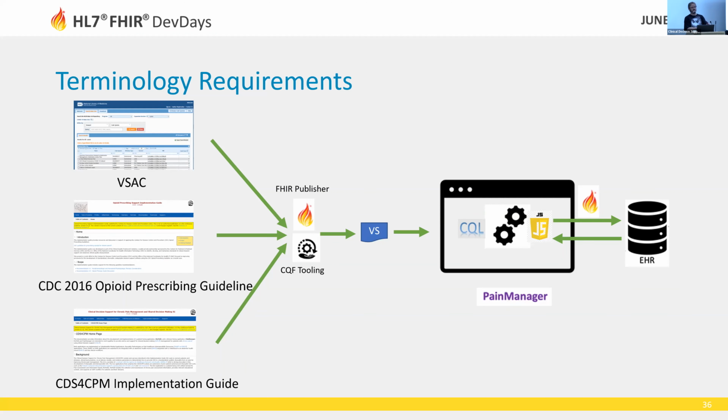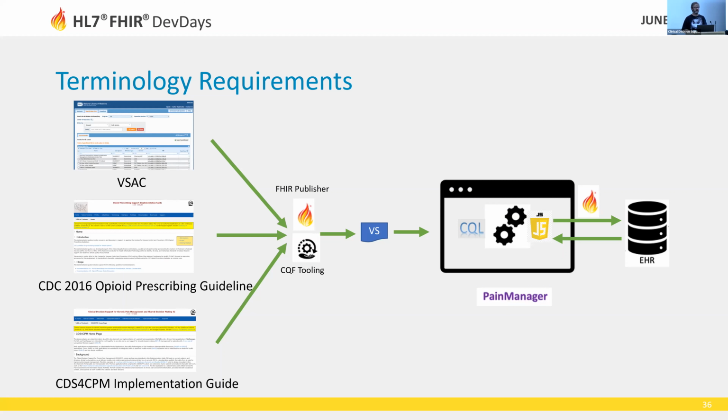But now we have to take all of these three different terminology sources and pull them into the same packaging. If we put these all into the same implementation guide, we can do that pretty easily, but there are kind of limitations around whether I can actually share that terminology, and so I actually have to be able to pull from different sources.